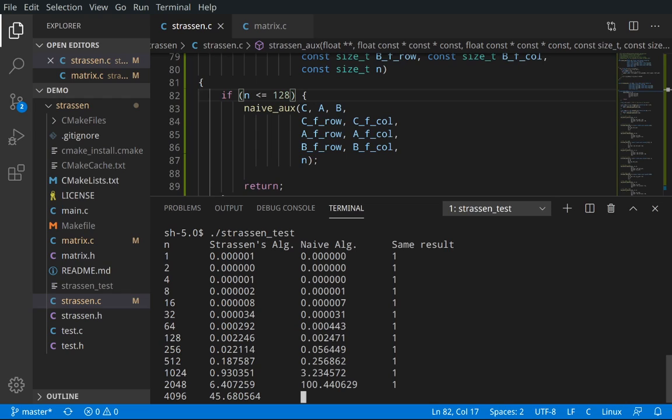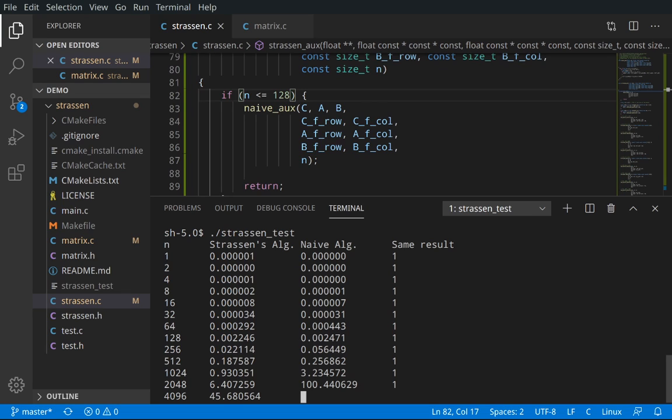So the point is, our recursive calls stop when n is smaller or equal to 128, and this helps us in avoiding the allocation of new matrices and so on and so forth. So it's just a constant improvement, let's say.